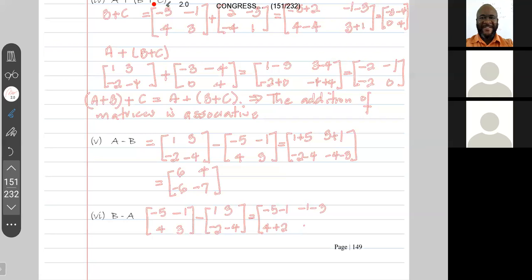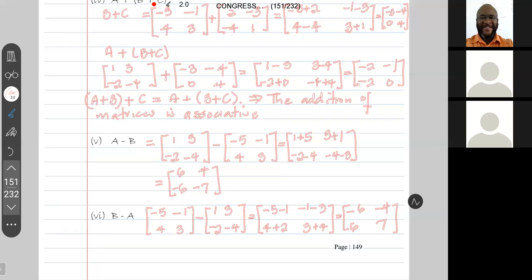And 3 minus minus 4, which is plus 4. And so our final answer is minus 6, minus 4, 6, 7. So if you look at both of them, you'll see that they're not equal.